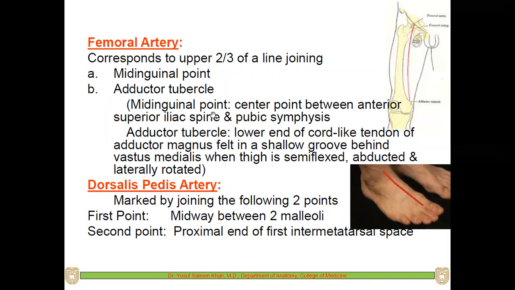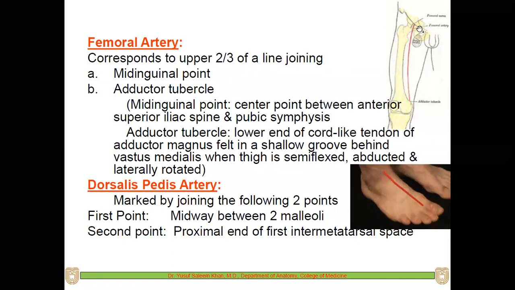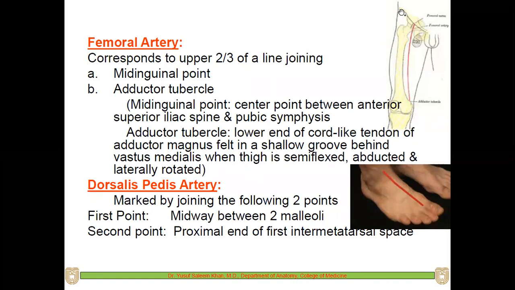The mid-inguinal point is the center point between the anterior superior iliac spine and the pubic symphysis. How do you mark this mid-inguinal point? By taking the midpoint between the anterior spine. There is a bony projection here which you can feel yourself, as well as here in the center we have the pubic symphysis.